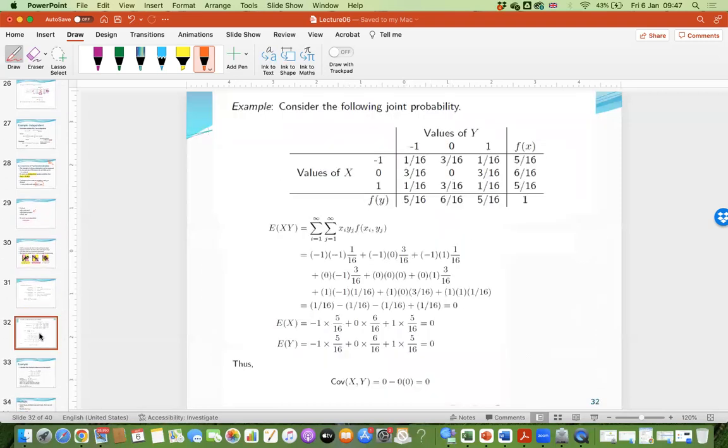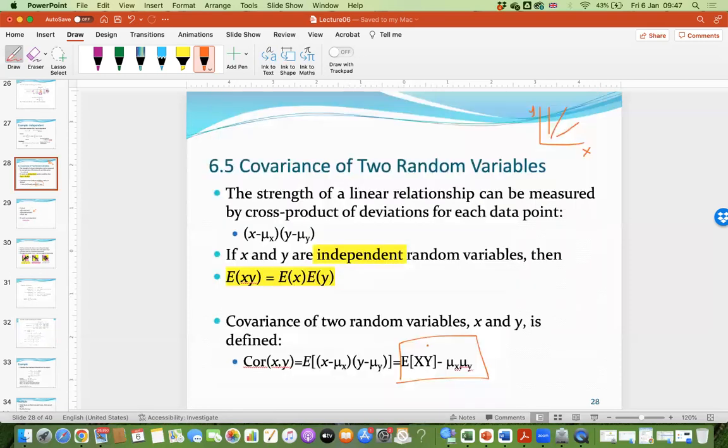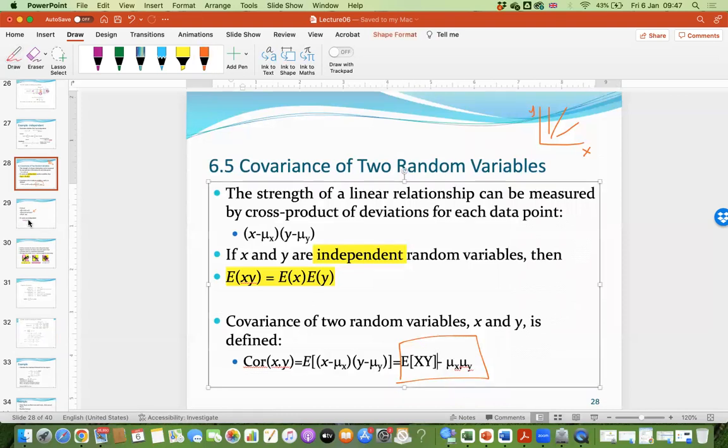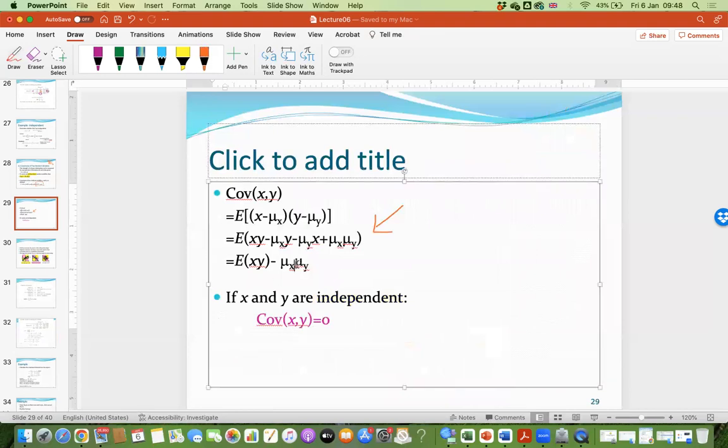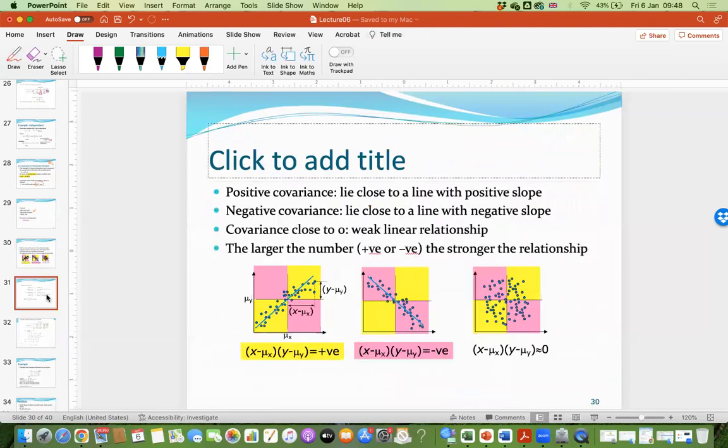So this is the example. Consider the following joint distribution. You know the equation of covariance, let me find it for you.